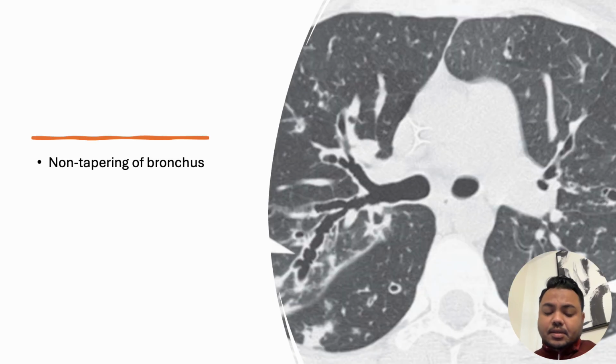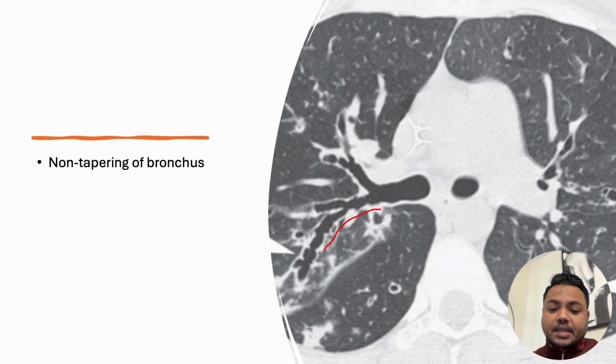Just have a look at this. This is the main principal bronchus, which divides into the lobar bronchus and the segmental bronchus. If you follow this bronchus, it's dilated and non-tapered from proximal to distal.